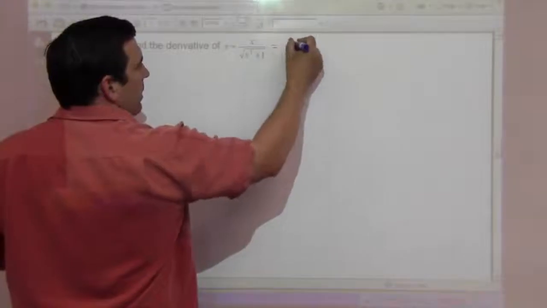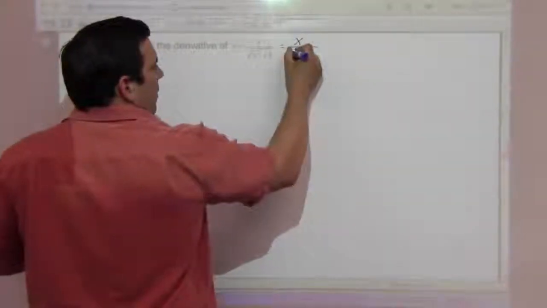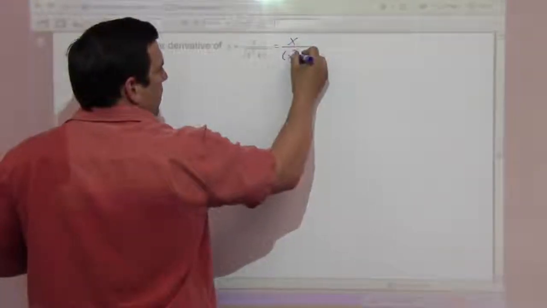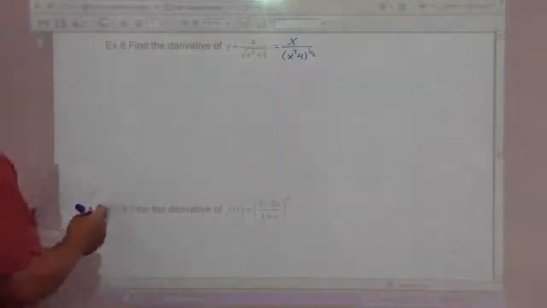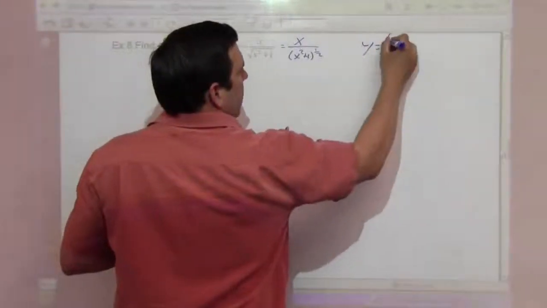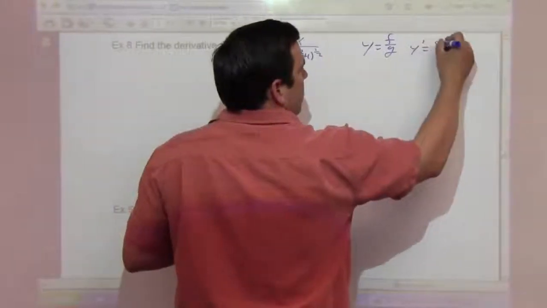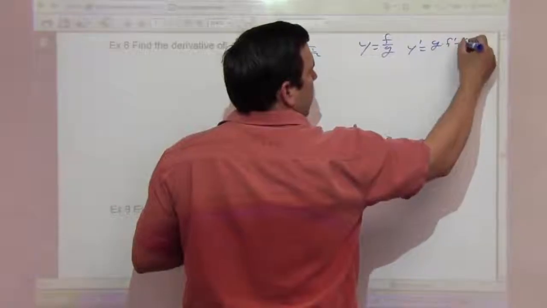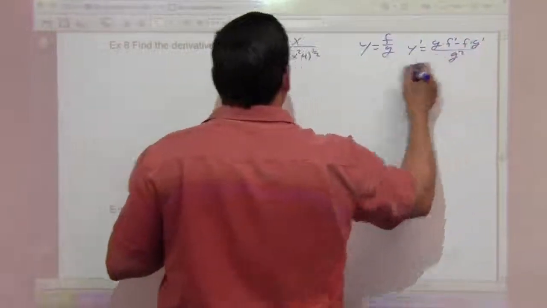So think of this as, we could call this x over x squared plus 1 to the 1/2 power. So recall what this is going to be. If y equals f over g, y prime is going to be low, so g times f prime minus f times g prime over g squared.